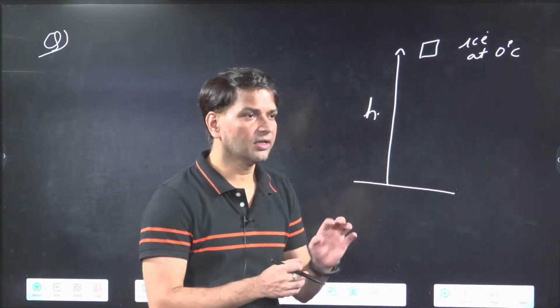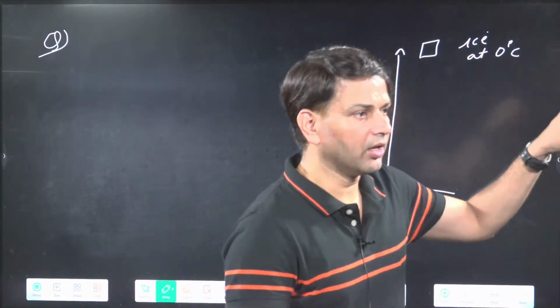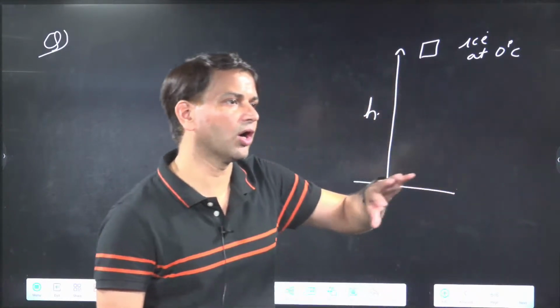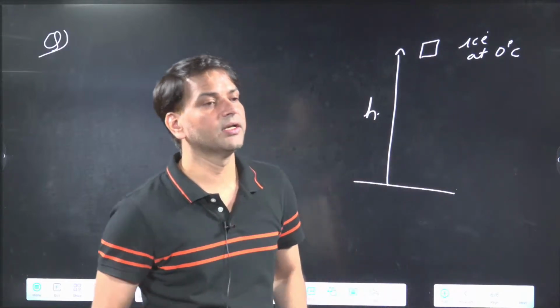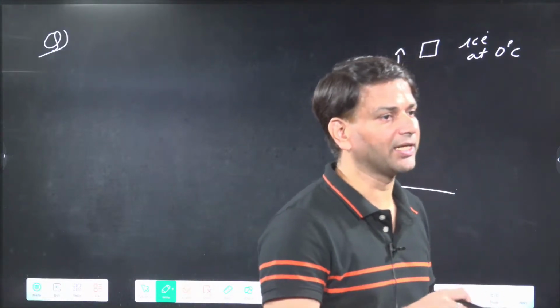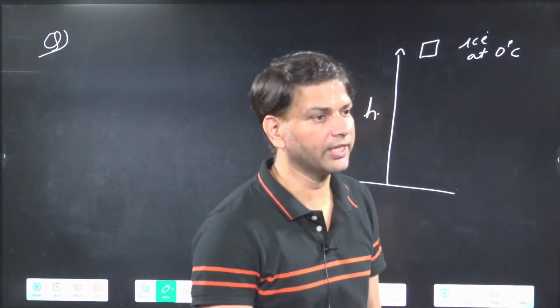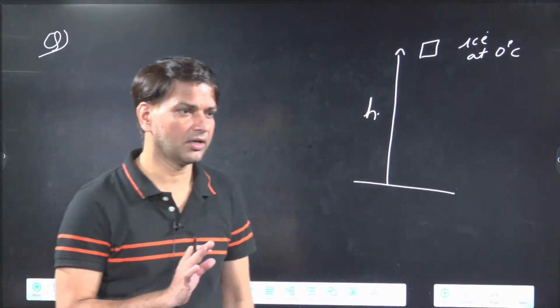I repeat again, we have an ice block at a height h. When it starts falling, all of its energy is converted into heat, and due to that heat, the ice melts completely before reaching the ground. Then what is the value of h? Understood?